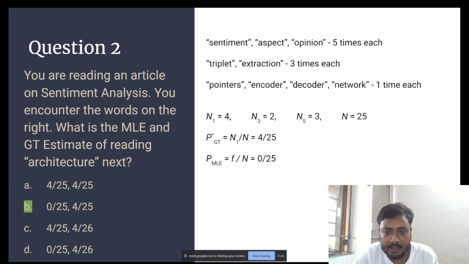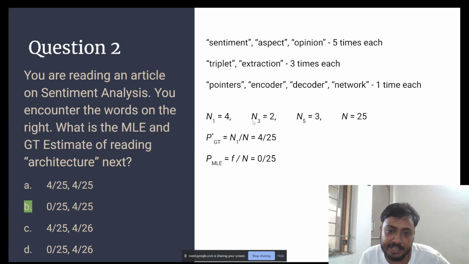Then if you want to find out the Good-Turing estimate, we need to find the number of times we see a word. For finding out Good-Turing, we need to calculate the frequency of frequencies, so the number of words that occur once each.